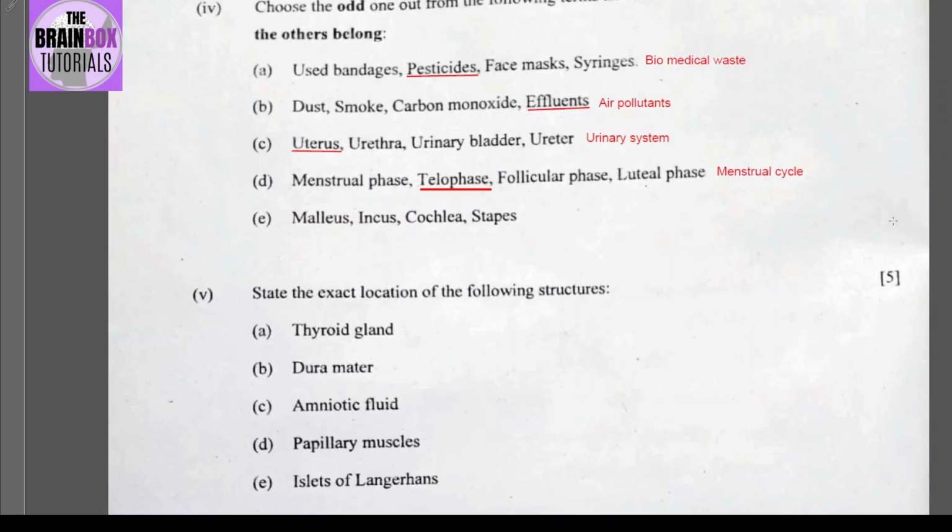Last one number E, malleus, incus, cochlea and stapes, and the odd one is cochlea, and the group to which others belong will be, you can write ear ossicles in middle ear.